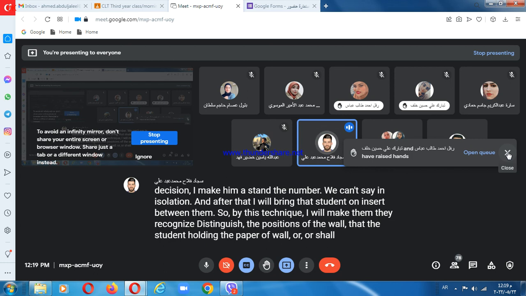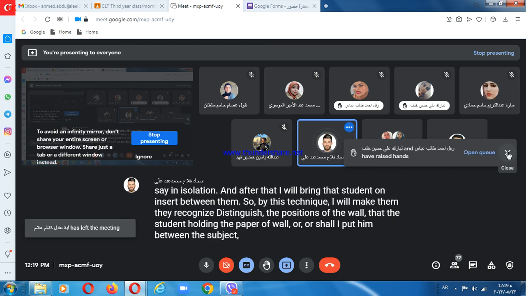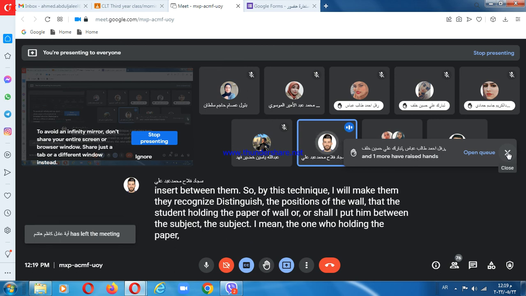I put him between the one holding the paper of the subject and the second who holds the verb.